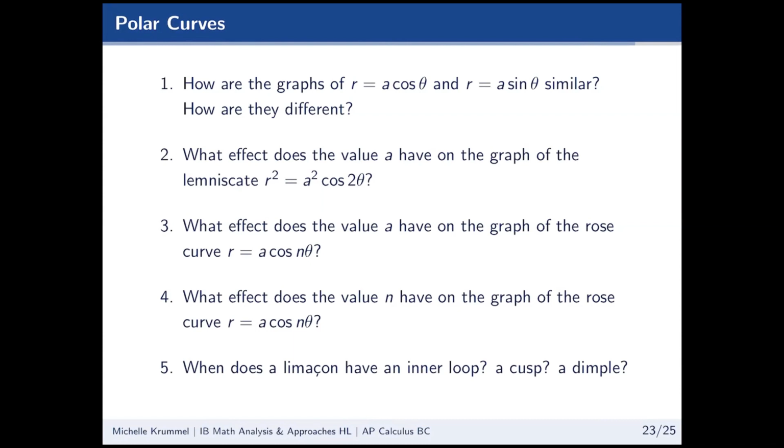What effect does the value a have on the graph of the rose curve r equals a cosine n theta? What effect does the value of n have on the rose curve r equals a cosine n theta? And then for your limacons, when is it that the limacon has an inner loop versus a cusp or a dimple? So you should be able to answer those questions after going through that Desmos activity.